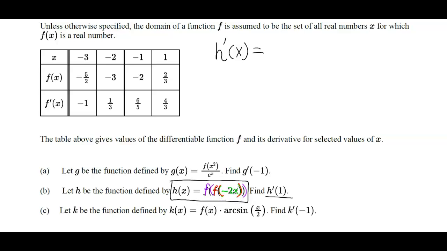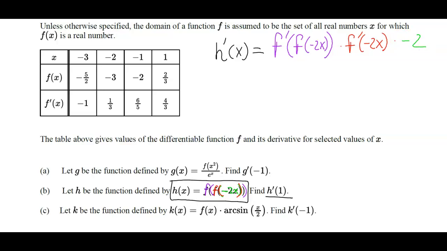So you need to find the derivative of each one and multiply them together. So the derivative of the outside would look like this. The derivative of the middle function would look like this. And the derivative of the innermost function would be that.